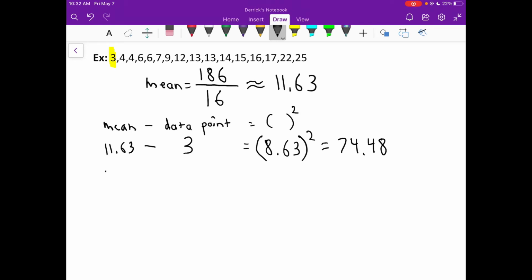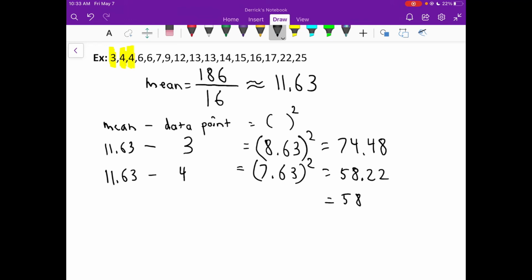So, the next step would be to take 11.63 minus 4, the next data point. 11.63 minus 4 is 7.63, and then we want to square that difference, which would give us 58.22. I would point out there are some repeated data points, so we do already know that for our third data point of 4, we should just get the same 58.22.